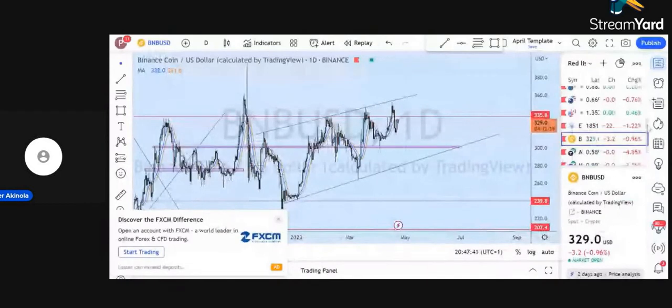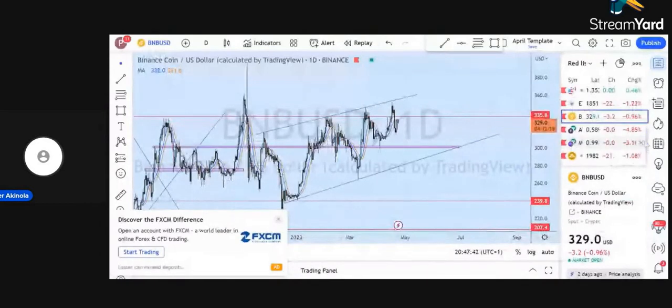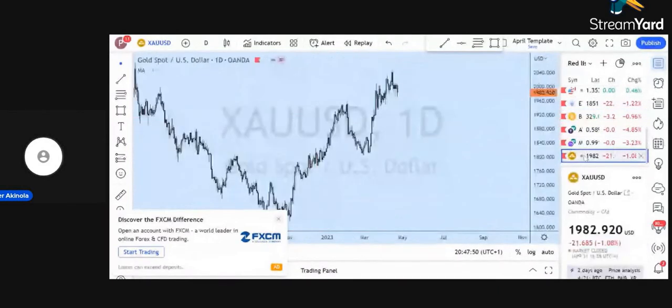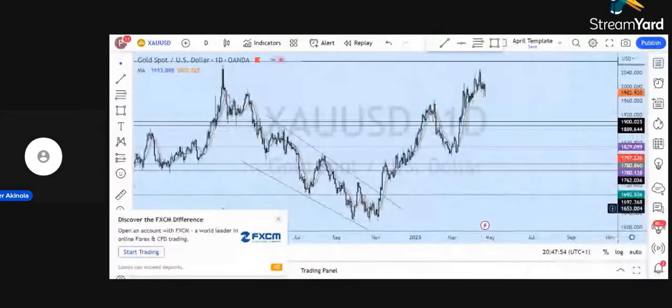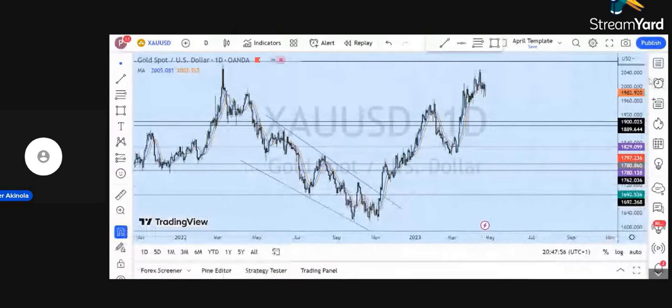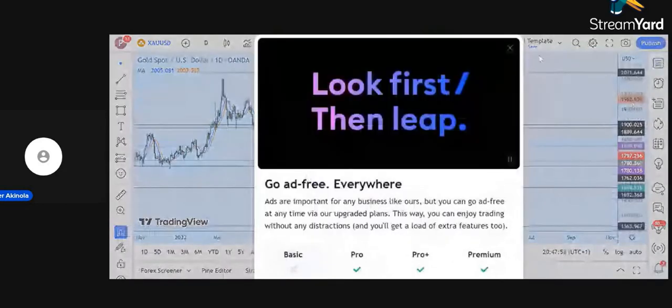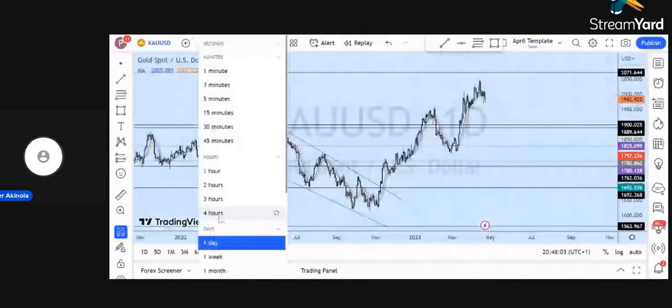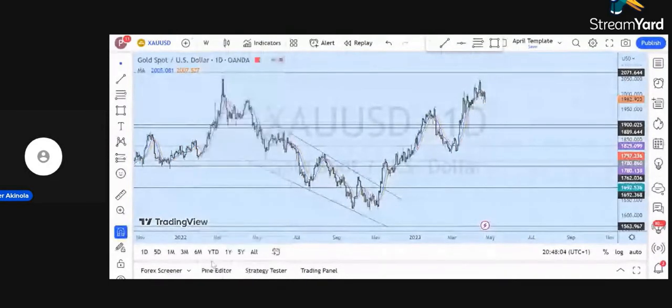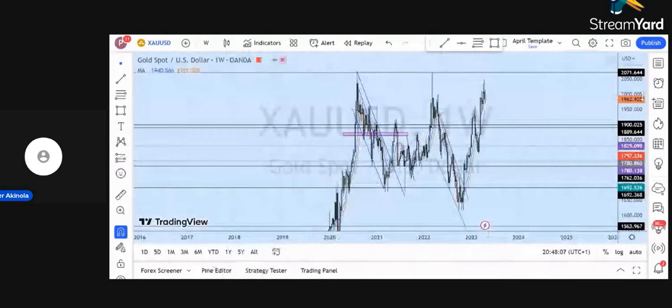So let's check BTC, Ava, Polygon. Okay, let's see gold. Then after gold, we look at BTC. Gold, the original money, the true money.